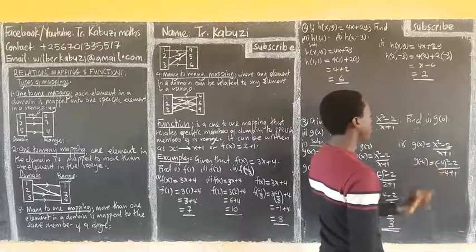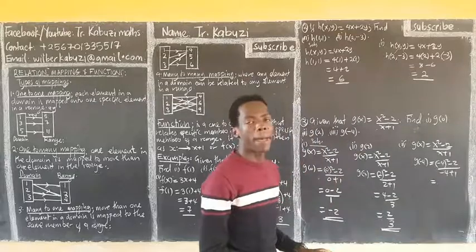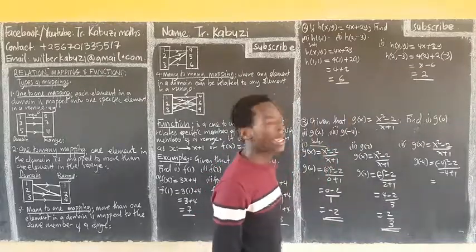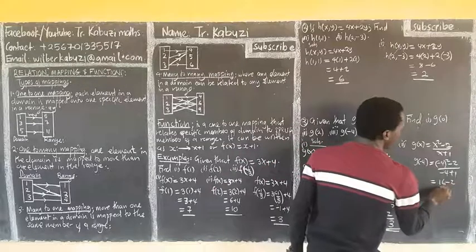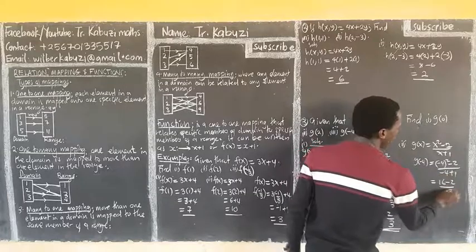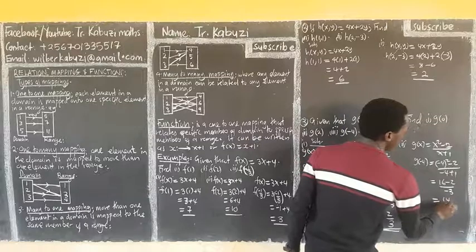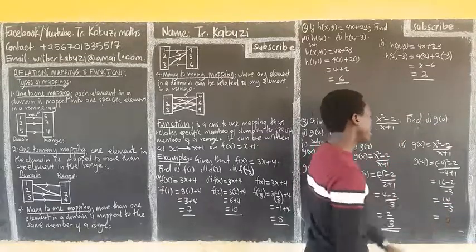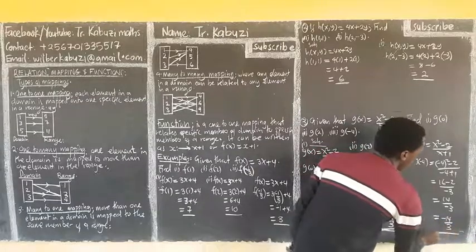When you square any number, negative or not, we get a positive. So when I square -4, I get 16. 16 minus 2 is 14, and -4 plus 1 gets -3. And this will be 14 over -3. Multiply by negative up and down, and we end up with -14 over 3.